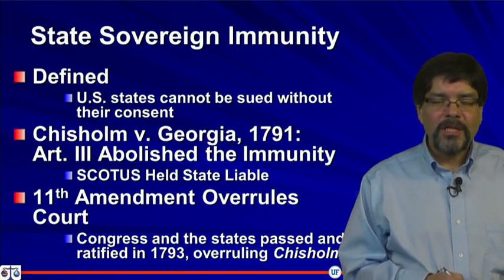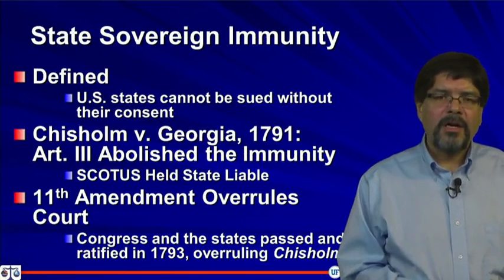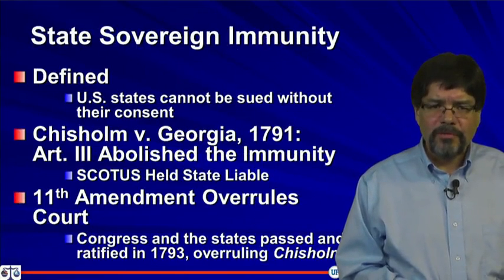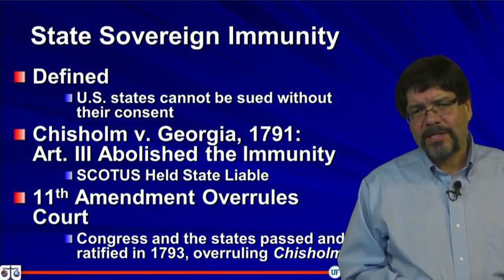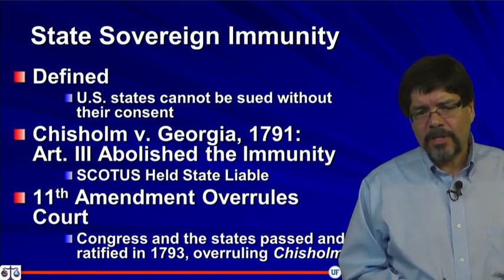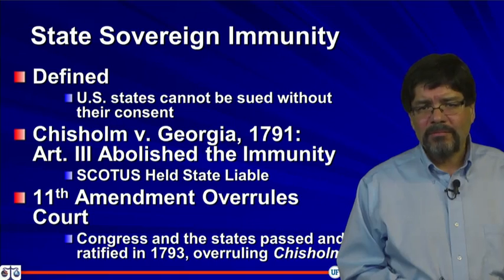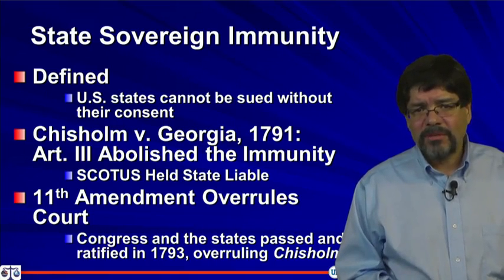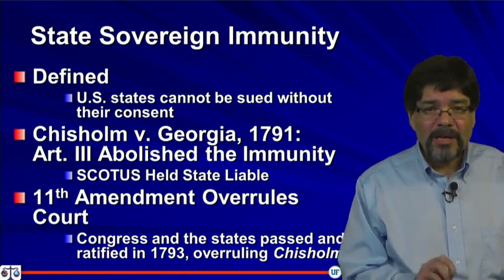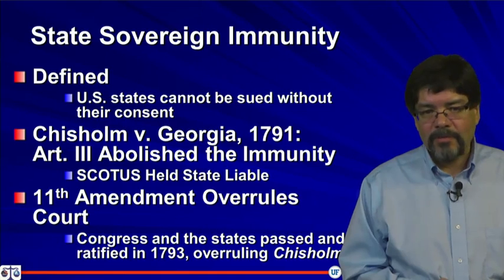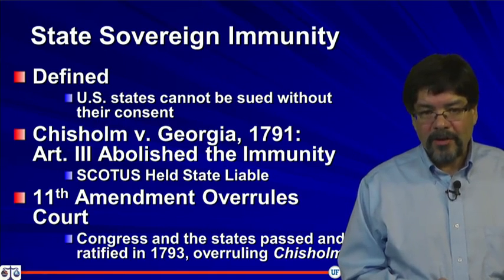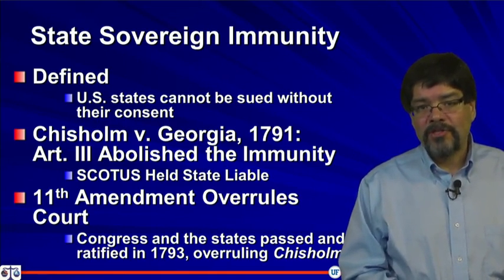State sovereign immunity. This is another example of horizontal federalism and also sometimes of vertical federalism. The fact is that U.S. states cannot be sued without their consent. That's the basic rule. But early on, the Supreme Court of the United States in 1791 in Chisholm versus Georgia ruled that Article 3 in fact abolished that.